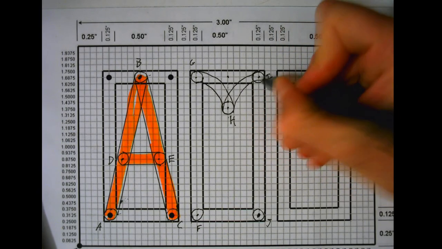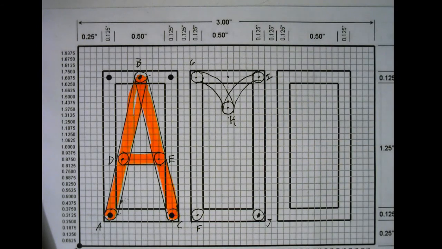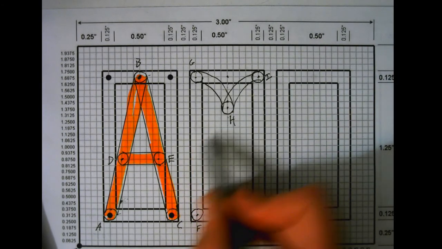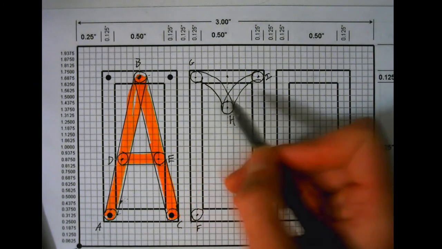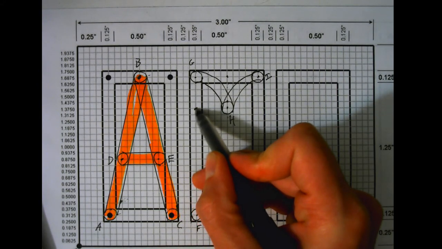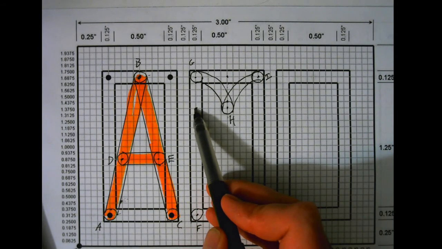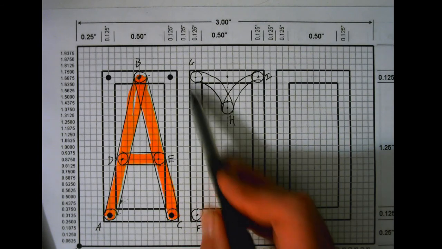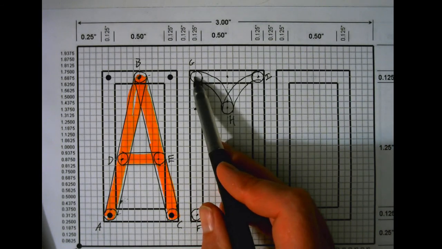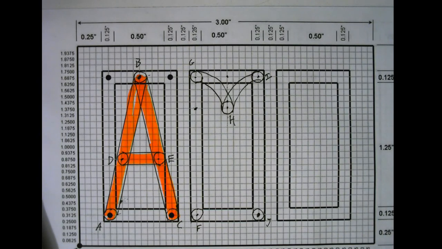What I mean by the radius remaining constant is, if you imagine that this is a circle that goes all the way around, the center of that circle would be here, and I want the space between the center of the circle and H to be the same as the space between the center of the circle and G. That's going to save you from having some errors later on if your radius is too small.